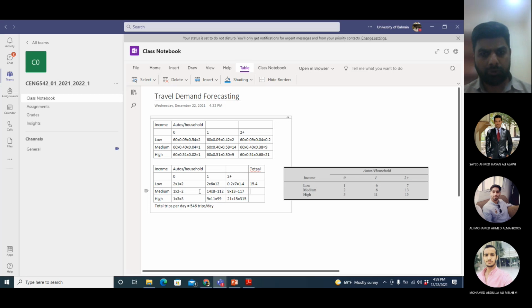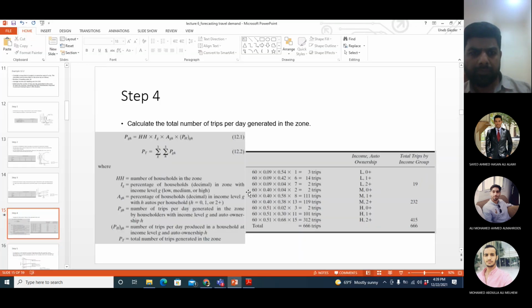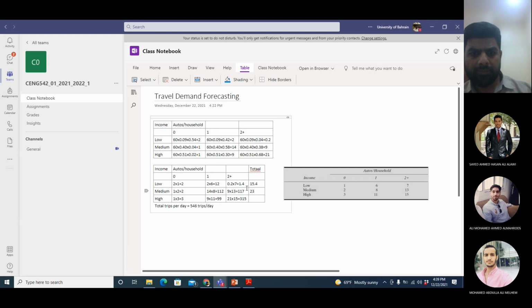Then what is the total for medium income? 2 plus 112 plus 117 is how much? 231.